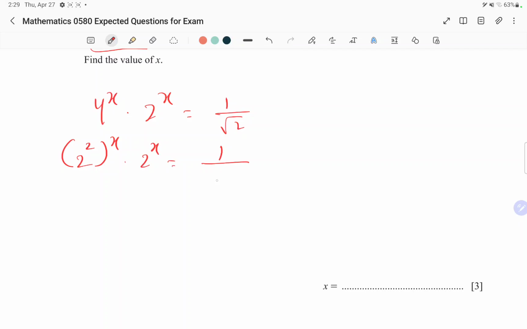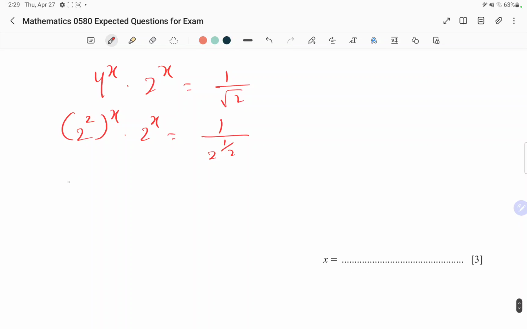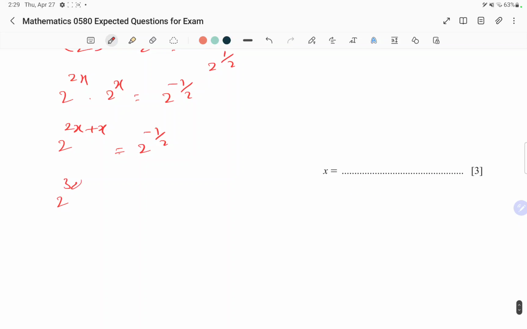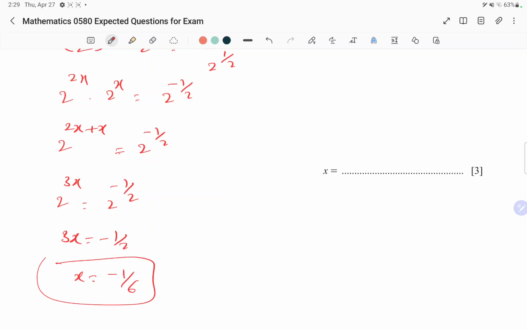This is 2 to the power x and this is 2 to the power minus half. So this is 2 to the power 2x times 2 to the power x equals 2 to the power minus half. So 2 to the power 3x, just you can add, 2x plus x. 2 to the power 3x equals 2 to the power minus half. 3x equals minus half, then just divide by 3, you will get x equals minus 1 over 6.